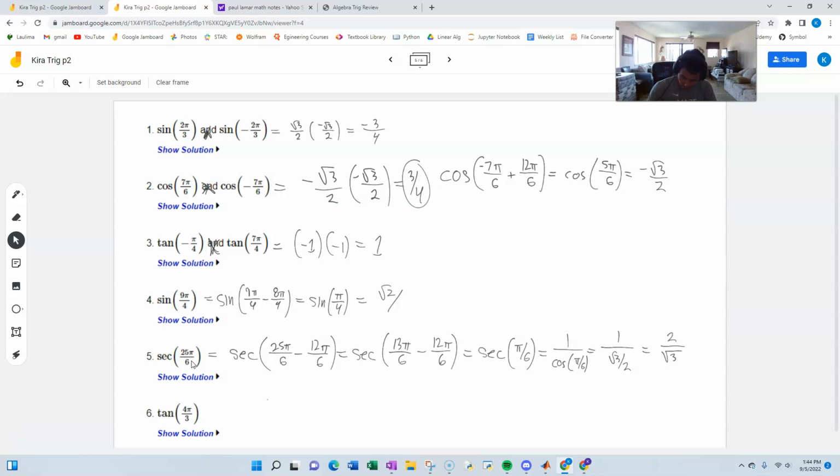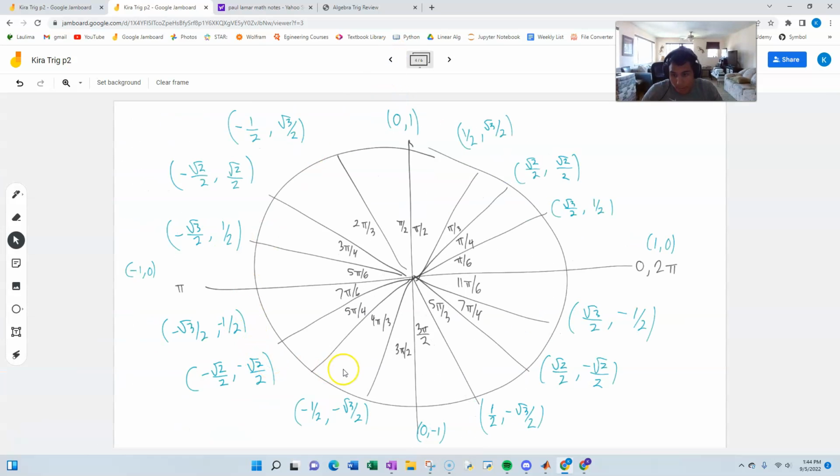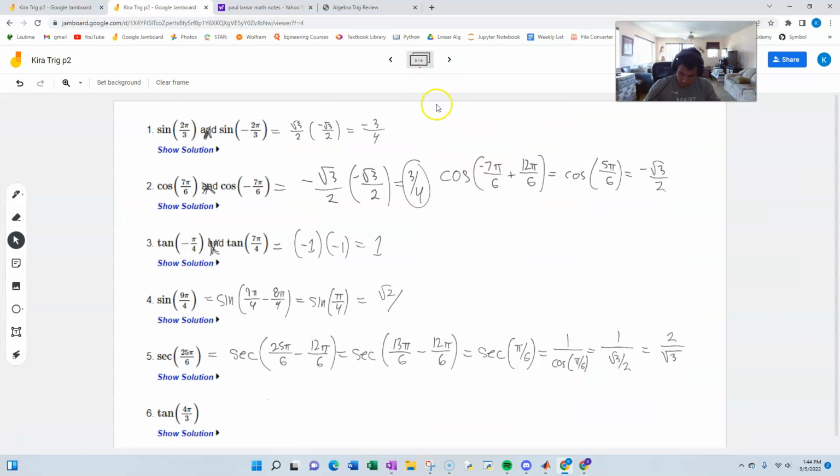Tangent 4 pi over 3. We can literally just go right here. So negative 1/2, negative root 3 over 2. Let's just write that coordinate real quick. Then we know it's y over x, right?